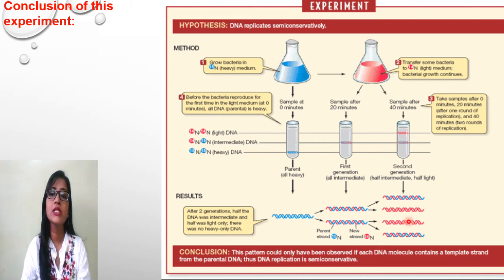That means some of the bacterial cells had the intermediate DNA, one strand with N14 and one with N15, while some of the bacterial cells carried only N14. So that means they had the lighter DNA. This type of pattern is completely observable.